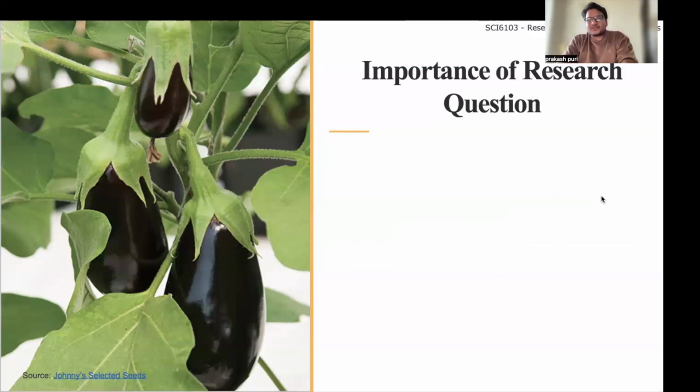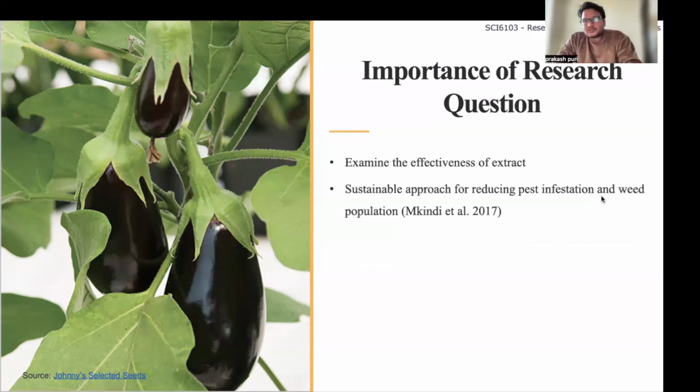Importance of the research question. It helps to examine and evaluate the effectiveness of the extract. It is a sustainable, eco-friendly approach for reducing pest infestations and weed populations.